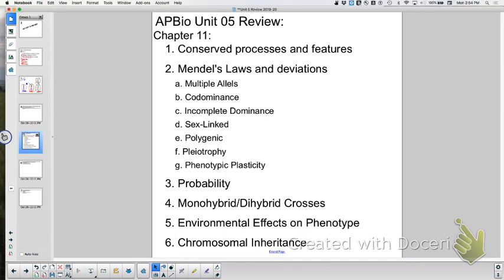Okay, and so then the idea of heredity in chapter 11 is, how do we get that information passed down? Well, we know how to do it chromosomally, and we know what mistakes are. Like I would know the difference between disjunction and non-disjunction, right? Non-disjunction is failure to separate. Disjunction is when they do separate. Okay, we understand that part of it, but then we started looking at the individual traits that are on each of those chromosomes and how it plays itself out.